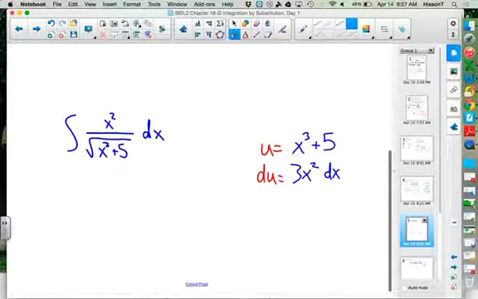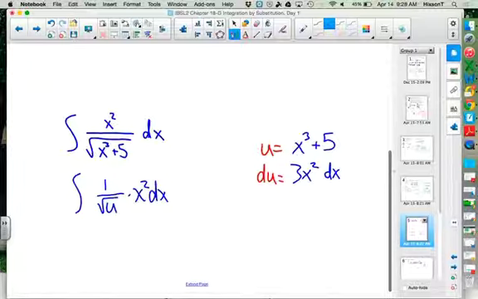we have, let me write it this way first. I have a 1 over the square root of u, right? And then I've got this x squared dx part. I just pulled the x squared over here. I need a 3x squared dx. So what can I do? 1/3.